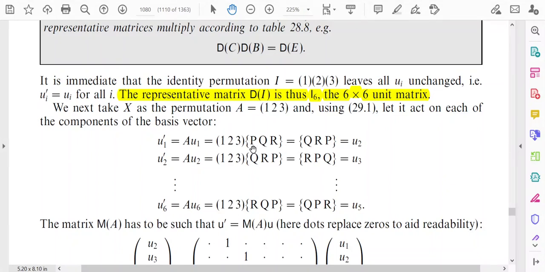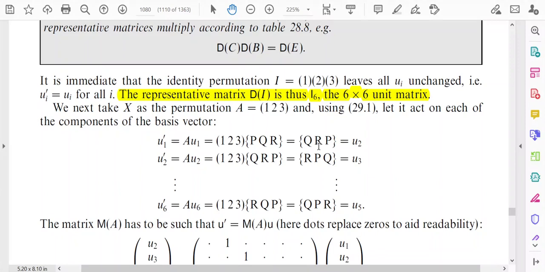Then think there is an arrow from 3 to 2, so the third element, r, comes to the second position. Only p is left, so you write p here, and this is A into u1. So we have obtained A into u1 equal to QRP.